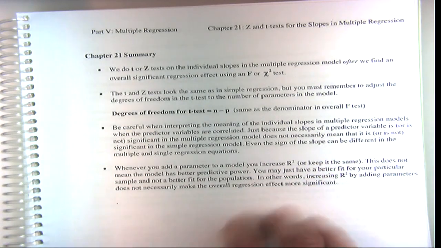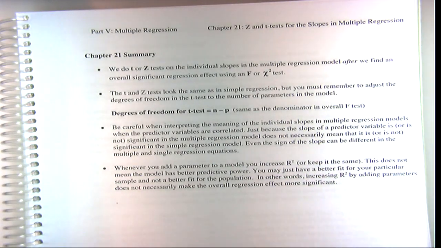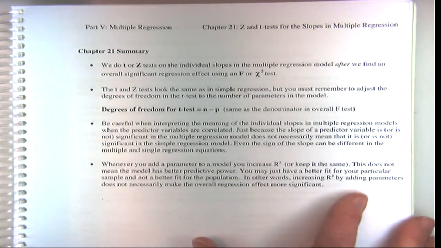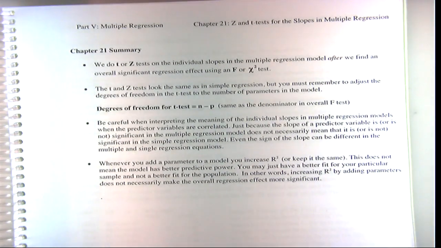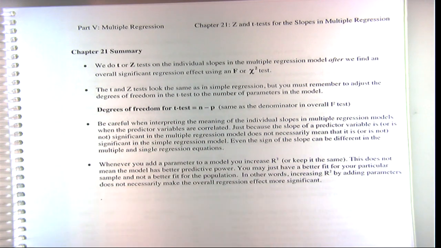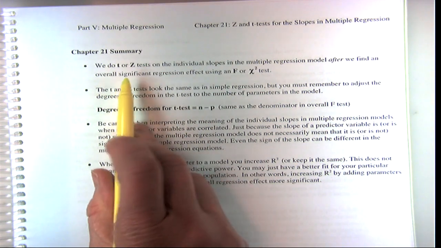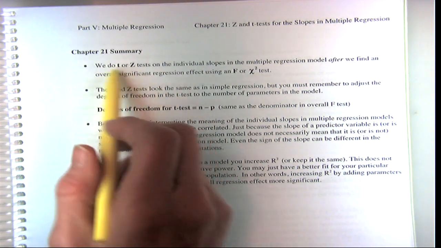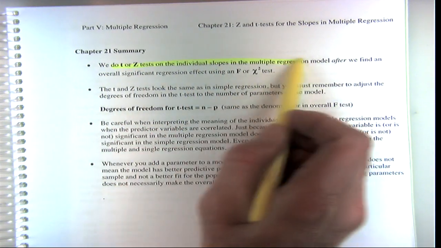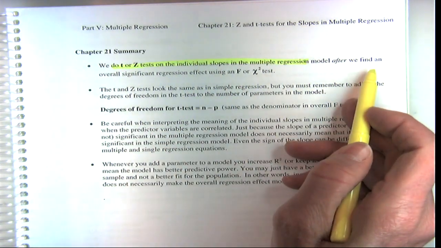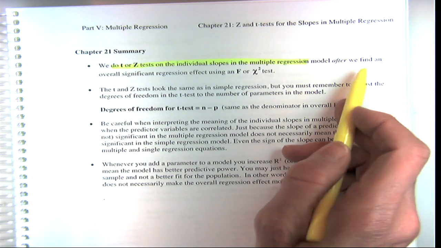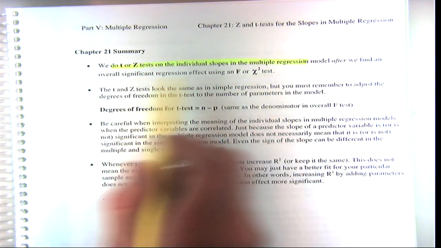But before we do that, let's just review our summary here and remember what we've done so far. Okay, so in this chapter, we said that we're going to be using T and Z tests on those individual slopes in the multiple regression after we do these F or chi-square tests for the overall.